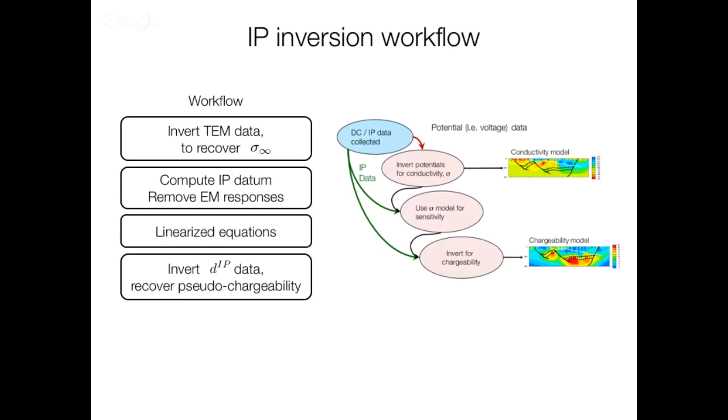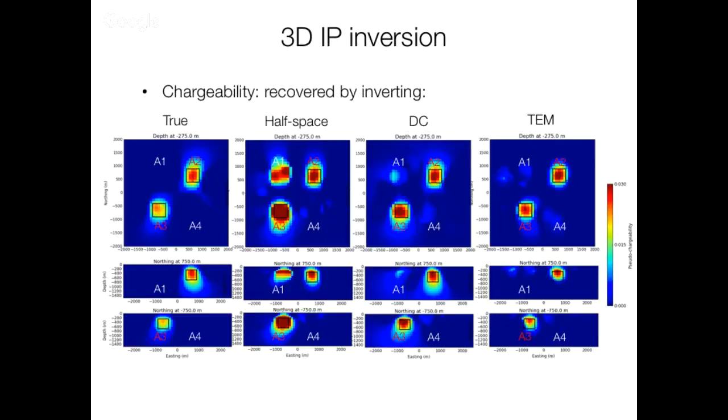So here's our workflow for the IP, same as before. We get the conductivity, which we've now done, use that conductivity for sensitivity, and invert for chargeability. This slide is a little bit challenging to read in this light, but these are the different chargeabilities that we get from taking the IP data with the EM coupling removed using a half space.